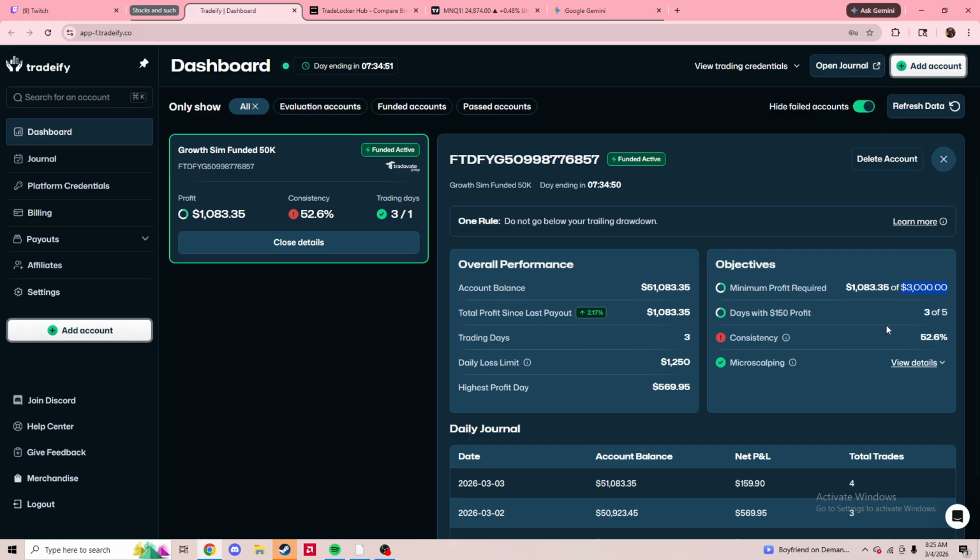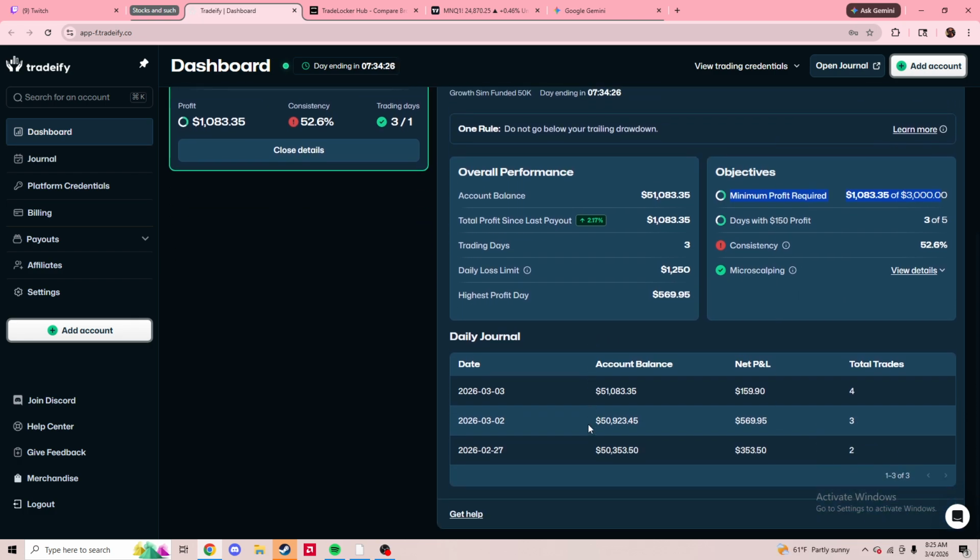If you go over that 35%, you then have to make more than the minimum profit goal. 35% of 3,000 is 1,050, so that's what I should be striving to hit almost every day.